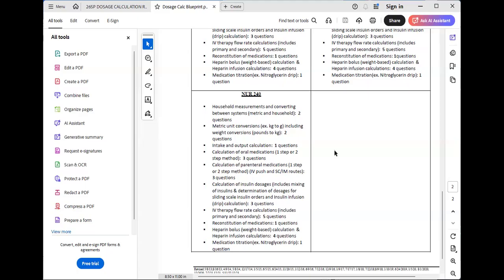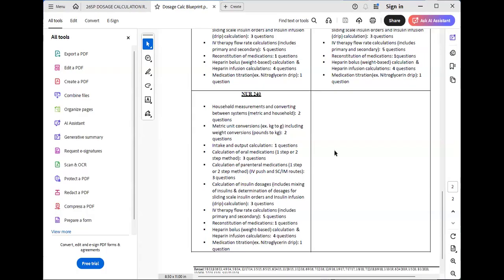It is the question that has the wrong answer in the key, in case you're wondering how come I can't get this right. But you have the heparin questions. You'll have some sliding scale questions. So a lot of the similar questions.